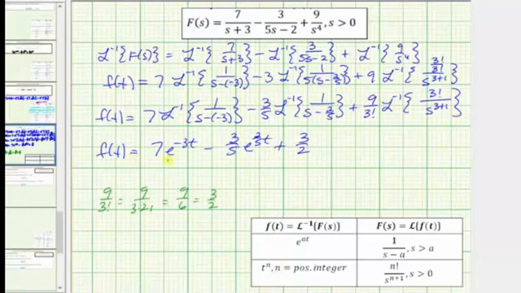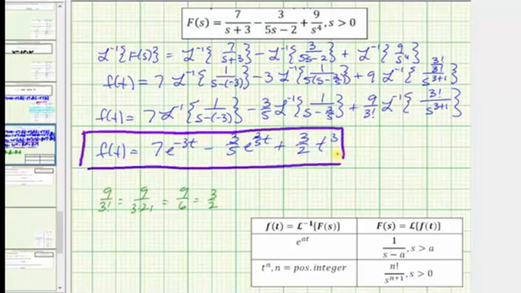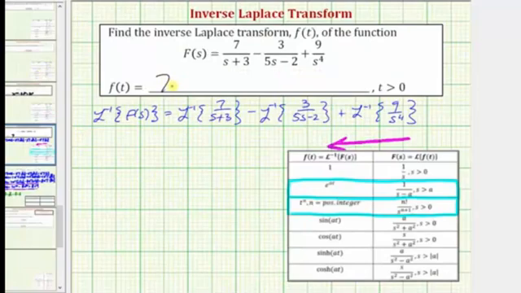So the third term of f of t is 3/2 t to the third. So going back to our first slide, we now know f of t equals 7e raised to the power of negative 3t minus 3/5 times e raised to the power of 2/5 t plus 3/2 t to the third. I hope you found this helpful.